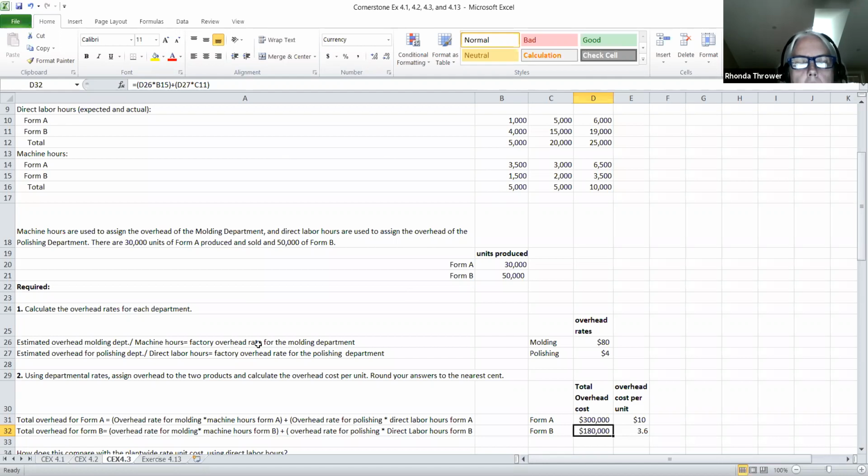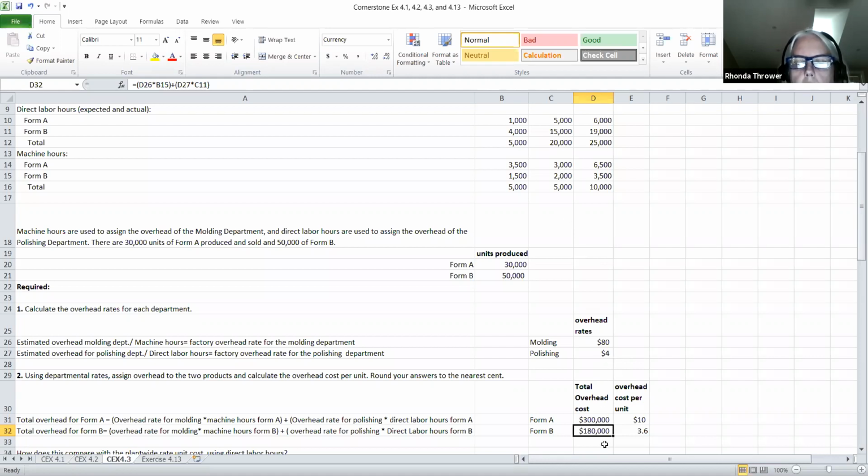Then we're going to add to it the overhead rate for polishing, which is $4. And we're going to multiply that by the direct labor hours in the polishing department for Form B, which would be 15,000, cell address C11.